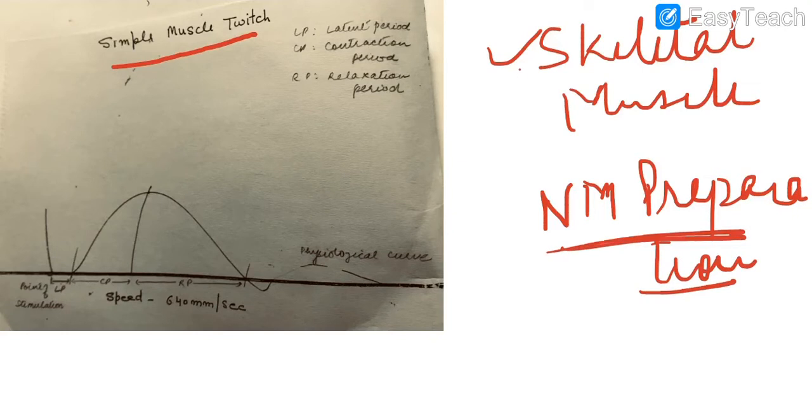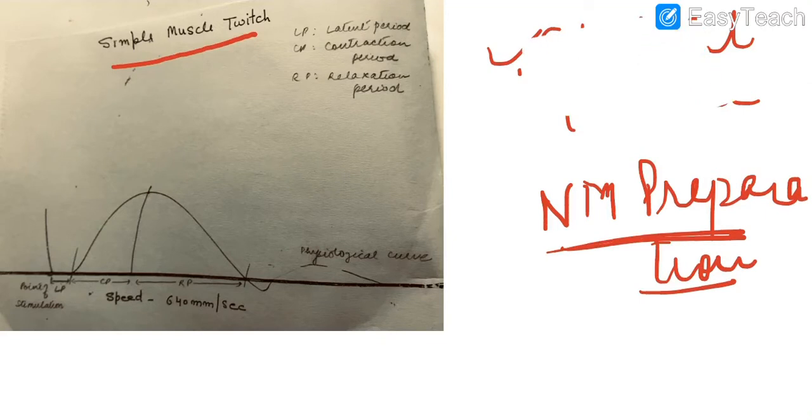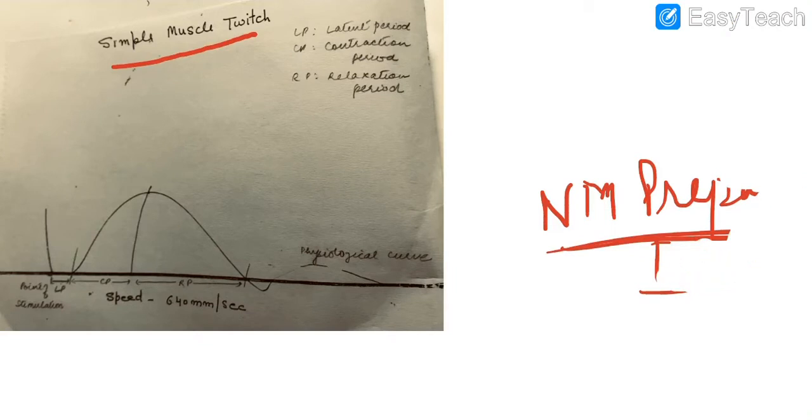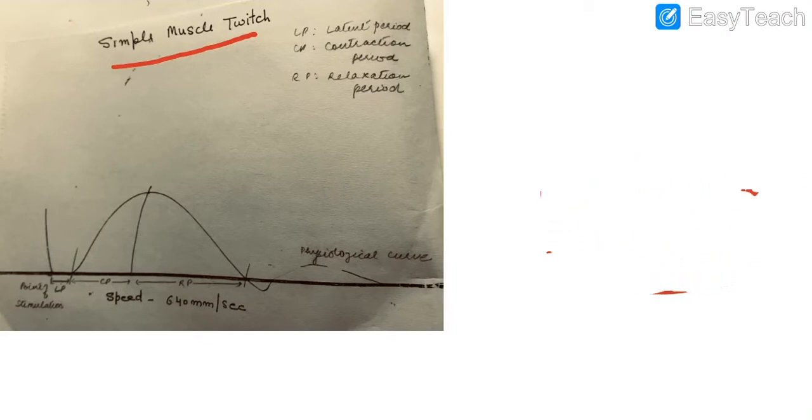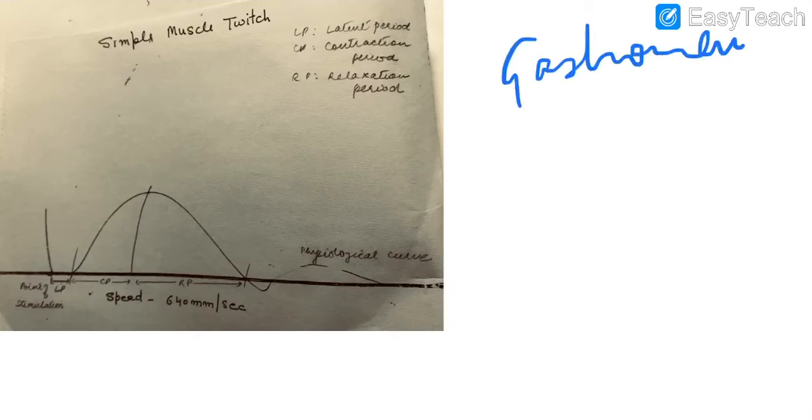Now, how this nerve muscle preparation is done, I'll just try to cover the basic thing, because it's not practically possible to live demonstrate it. In the nerve muscle preparation, we take the gastrocnemius muscle of a frog.